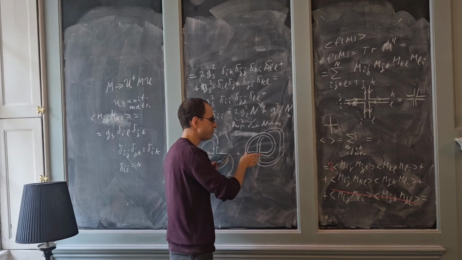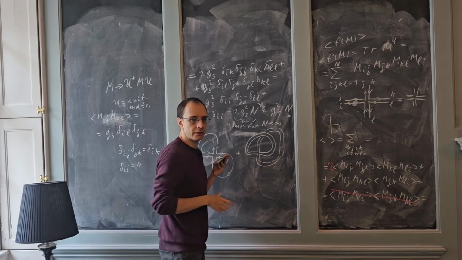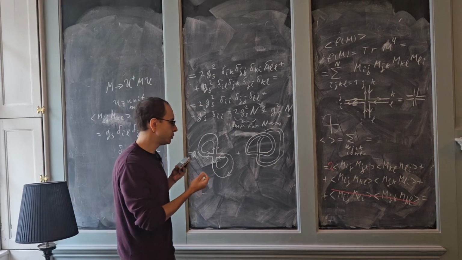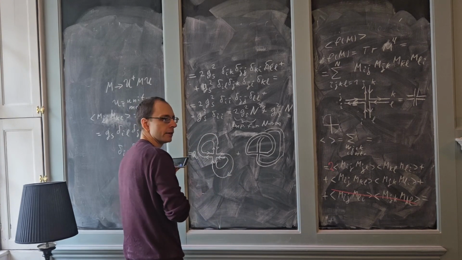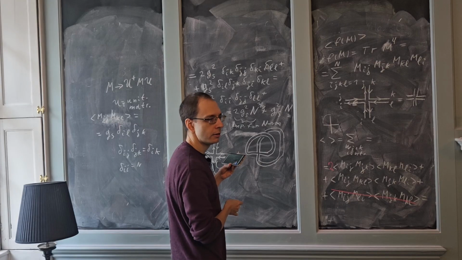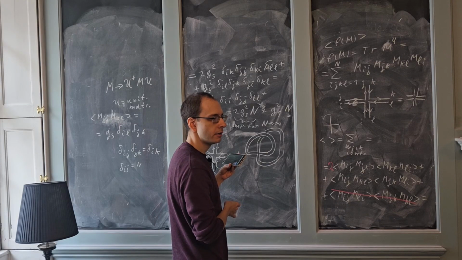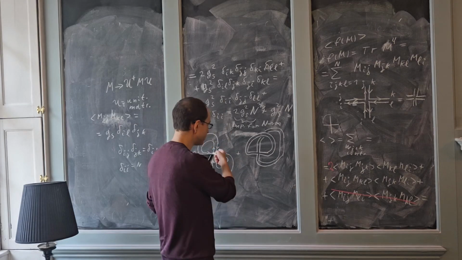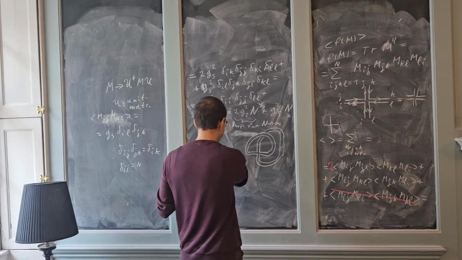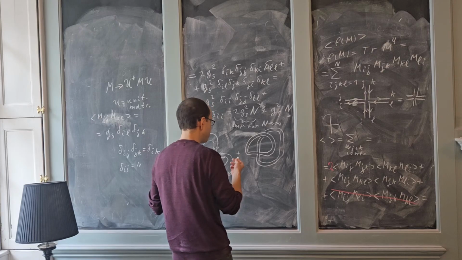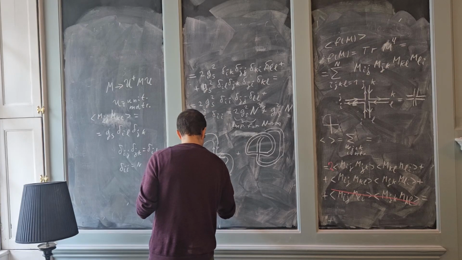It's really important that we keep the double lines at this stage, because they are going to tell us the topology of the diagram. Yes, exactly. That was what I was just going to say right now. The number of closed loops. Each closed loop gives you a factor of n.